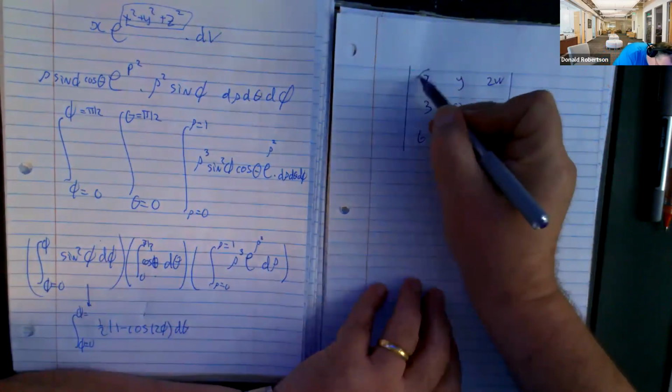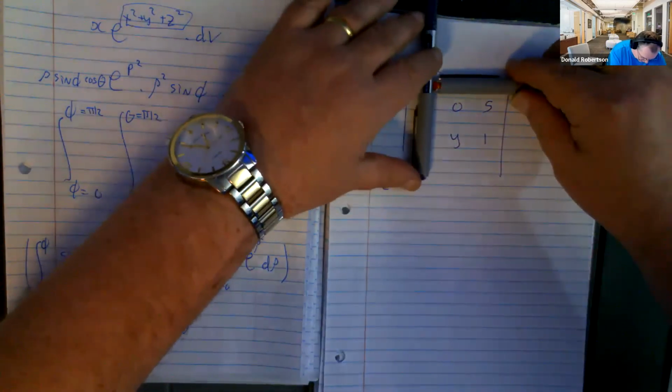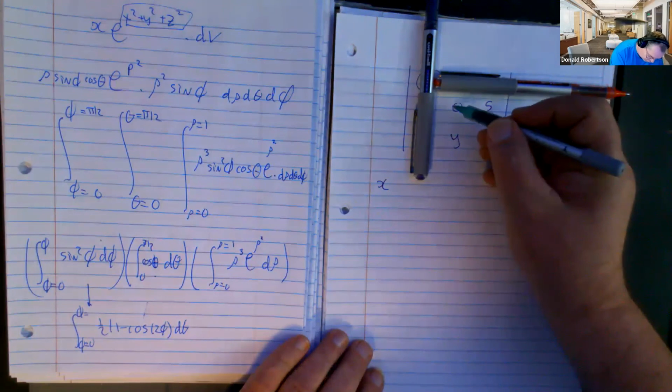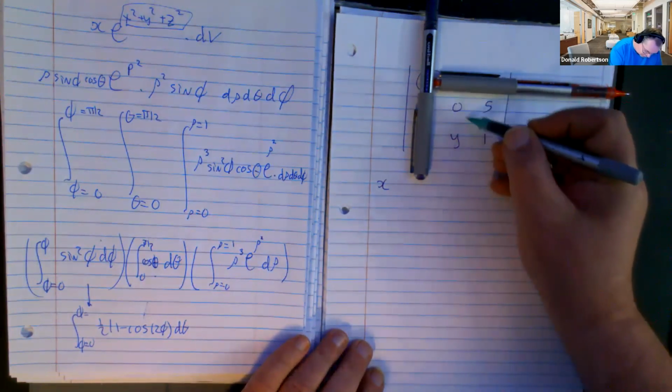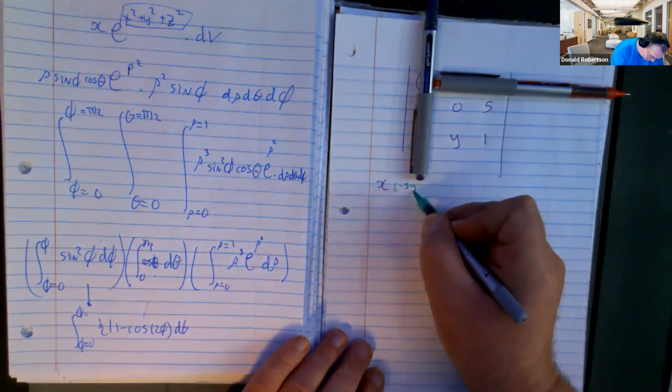You take that number first, X. You then remove the row and column that X is in. And the 2x2 matrix that's left, you do major diagonal, take away minor diagonal. So that would be 0, take away 5y. So that's negative 5y, and that's your first term.